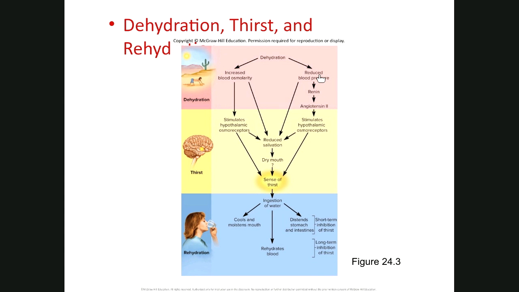Decreased blood pressure because of loss of water will trigger the angiotensin 2 or the RAAM that we learned in chapter 23, renin angiotensin aldosterone mechanism. It will also lead to the sense of thirst.